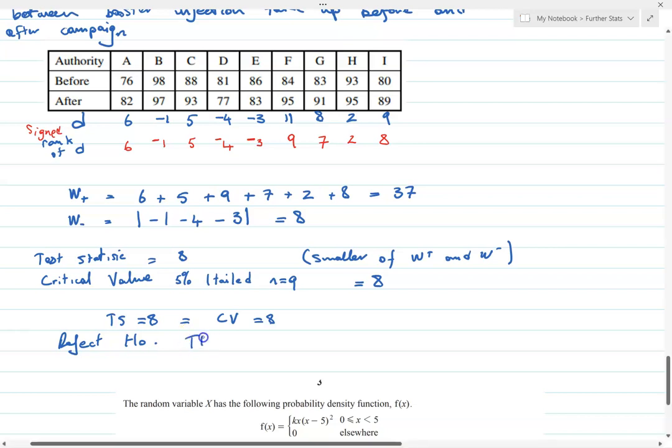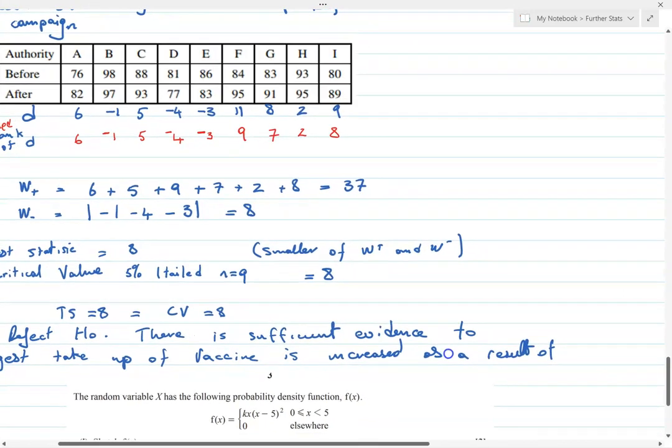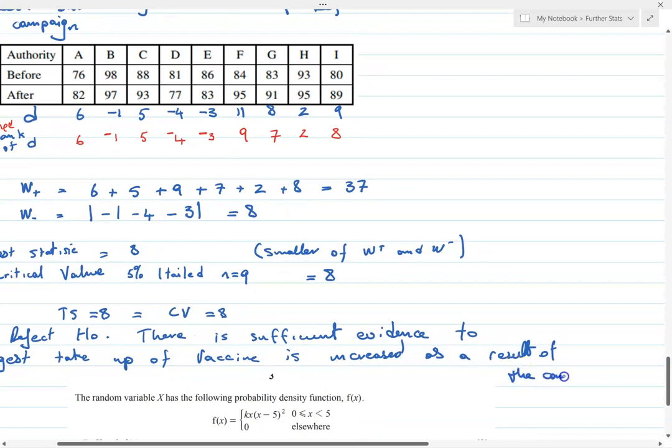So there is sufficient evidence to suggest take-up of the vaccine is increased as a result of the campaign.